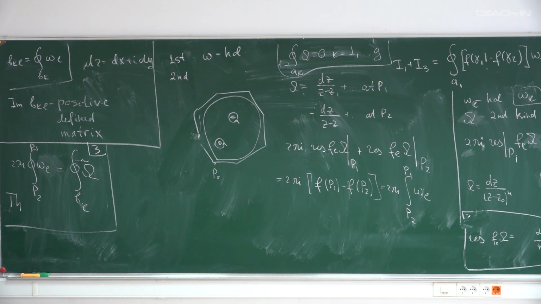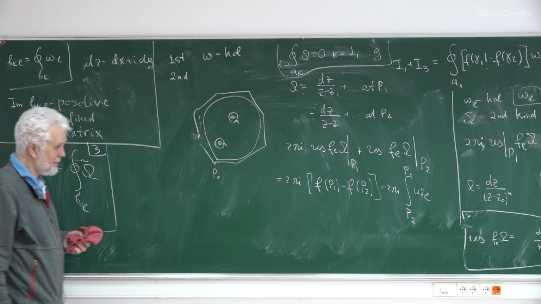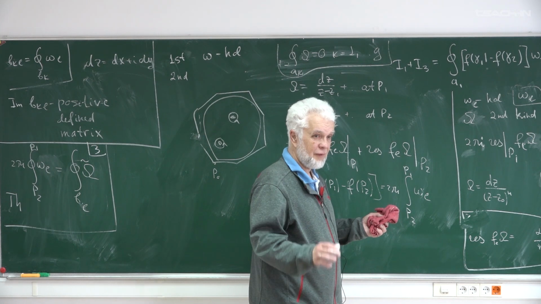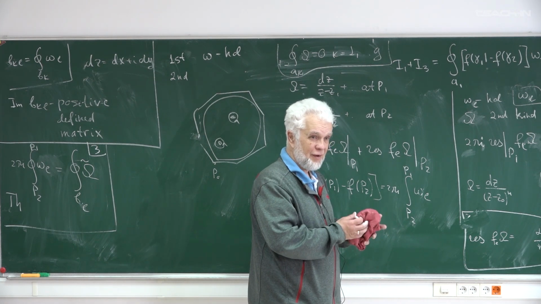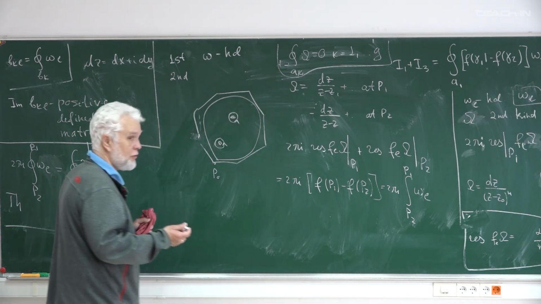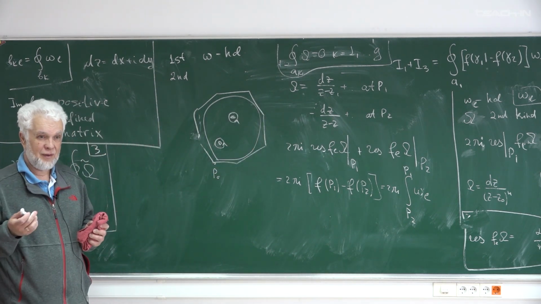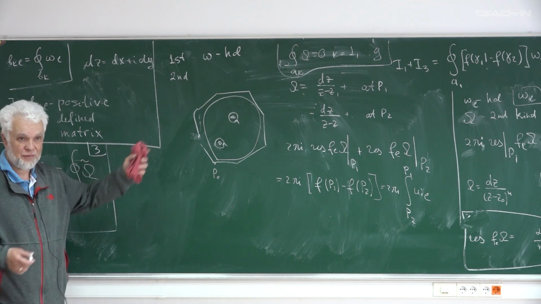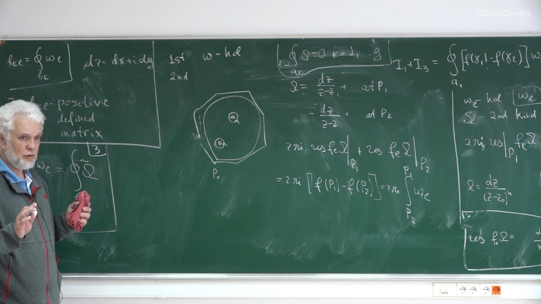Slightly different formulas. 2 pi i equals the integral of B_L. Okay. Two different formulas. For the second type, you have the residue. And for the third type, you have instead an integral over the path.